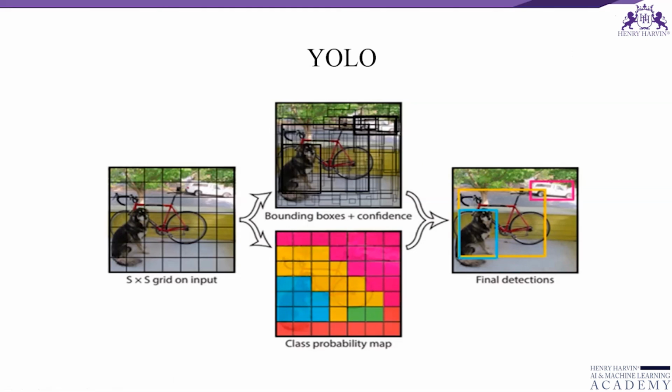It sees the entire image during training and test time, so it implicitly encodes contextual information about classes as well as their appearance. And YOLO learns a generalized representation of objects, so that when trained on natural images and tested on artwork, the algorithm outperforms other top detection methods, right?